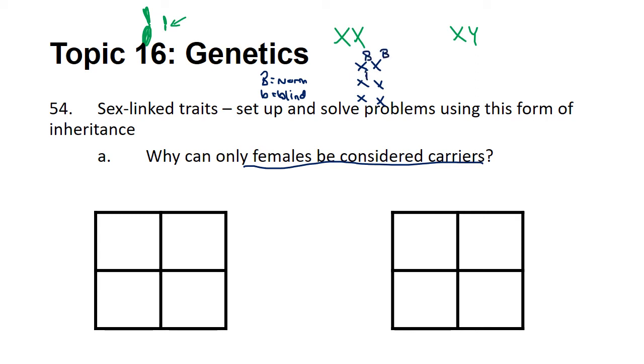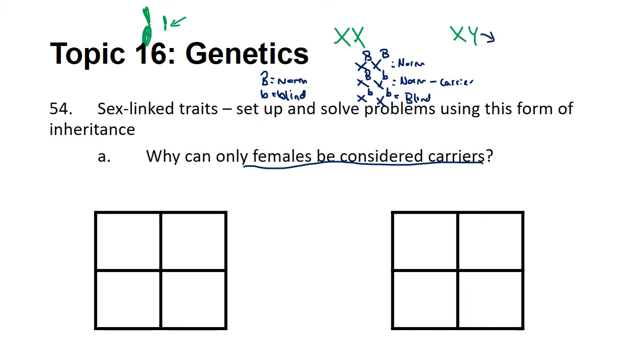They can look like this, this, or this, which means this is a female that's colorblind. The top one here, of course, has normal vision. This woman here would have normal vision because the big B wins, but she's considered a carrier because she carries the trait but doesn't express it herself. But her kid could end up with it.